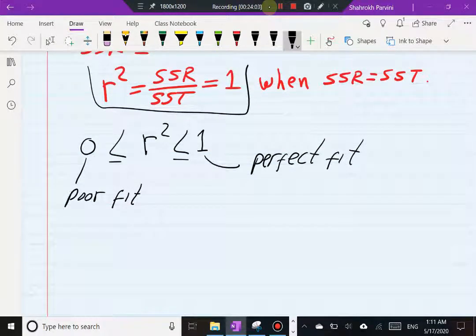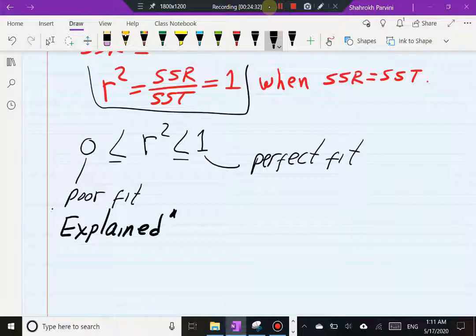Now we're going to rely on StatCrunch to do this. But to wrap things up, let me write a note here. When we call it explained variation, the variation of the regression line from the mean is called explained variation. Why do they call it explained?